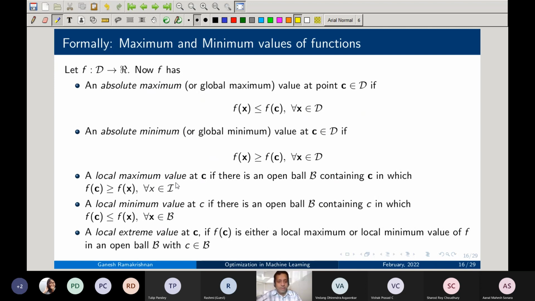C is called the point of absolute minimum. You can also have a local maximum, but that requires you to have a ball, and not just a ball, an open ball that contains C. So let's say I have this function, and let's look at the maximum case first. So this is the f(c), right? Maximum value it has.